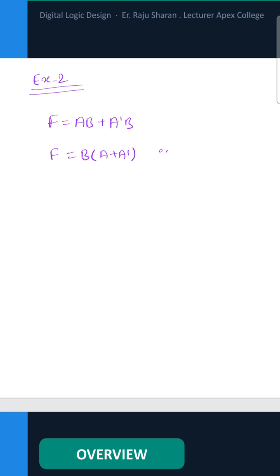But we know that a + a' is always 1, so you can replace it and f = b . 1, which is further simplified as b, since ANDing with 1 always results in the input.